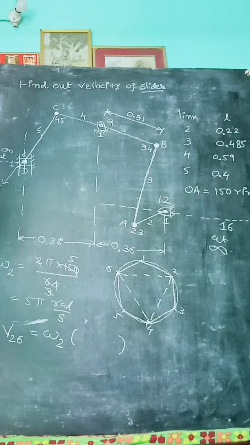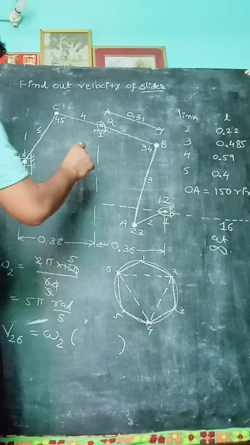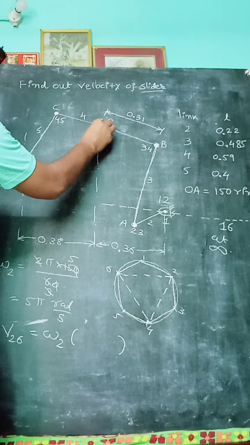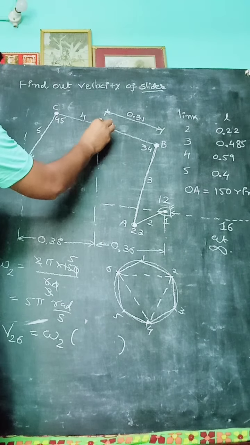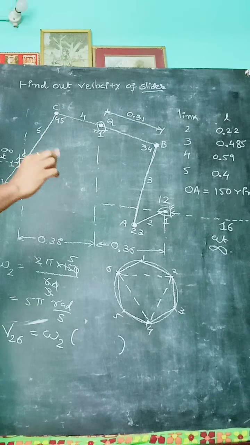So for 4 6, let us consider 1 6, and yes, I just forgot to put this one, the fulcrum. This is 1 4.